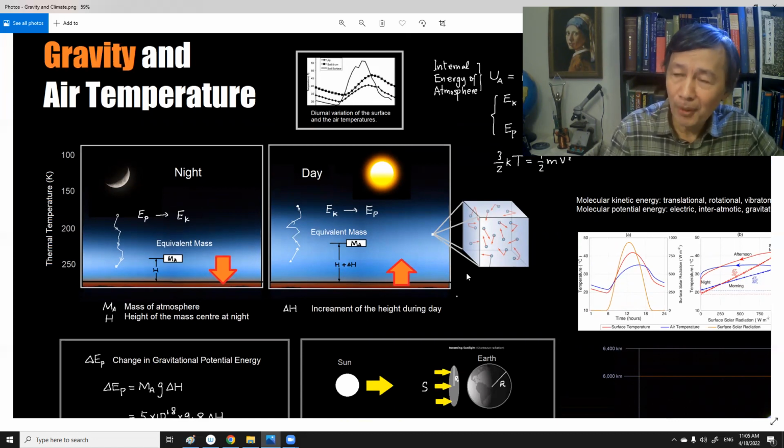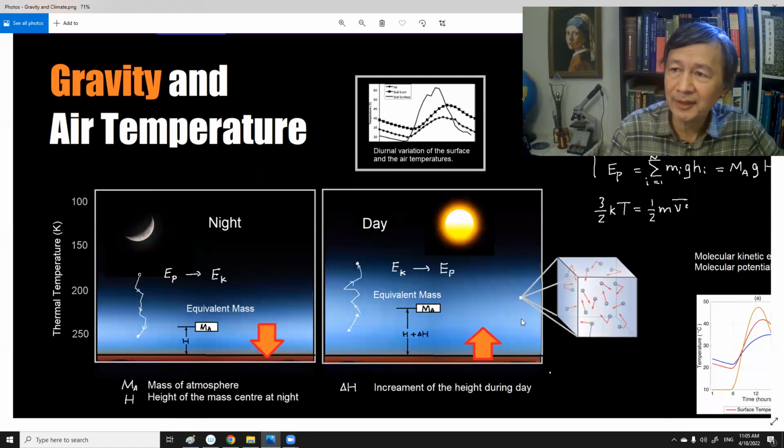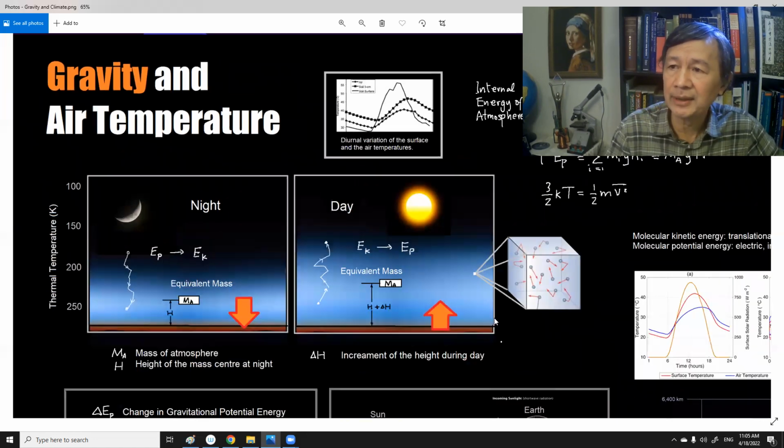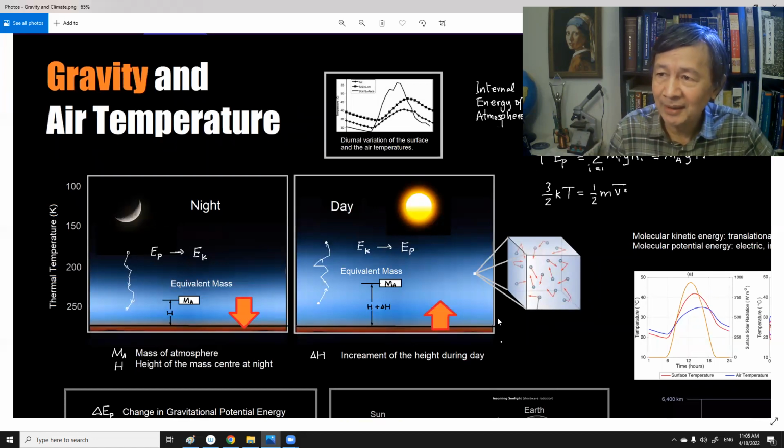So this is an important message to take away from this talk: the diurnal variation of the air temperature near the surface of the Earth is regulated by nothing but gravity.